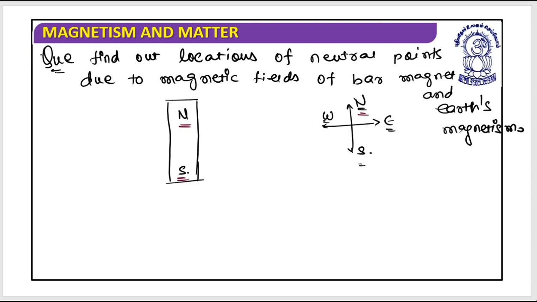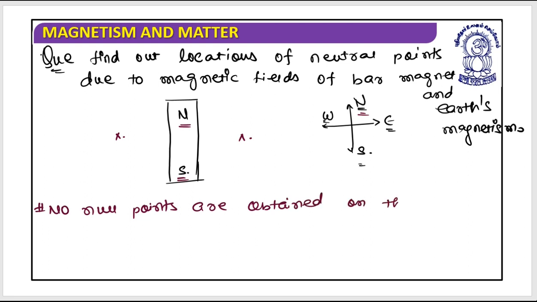As we have discussed, no null points are obtained on the axial position, but we have them on the equatorial position.